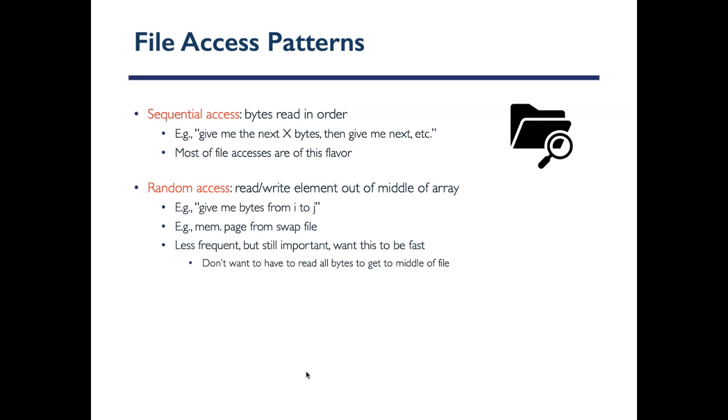Now that you want to start running it, you could potentially say, give me these pages. So you go to that swap file and you say, read from here to give me these pages so that I can run my process. So this is one example. It's not that common, but it still could happen, these random accesses.